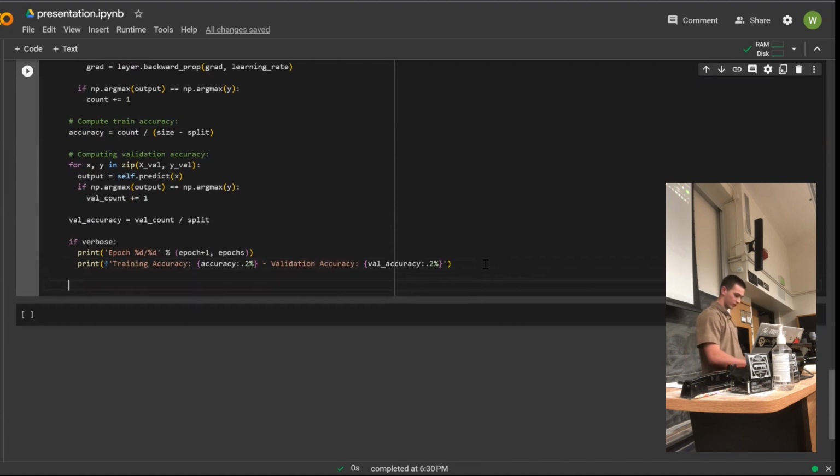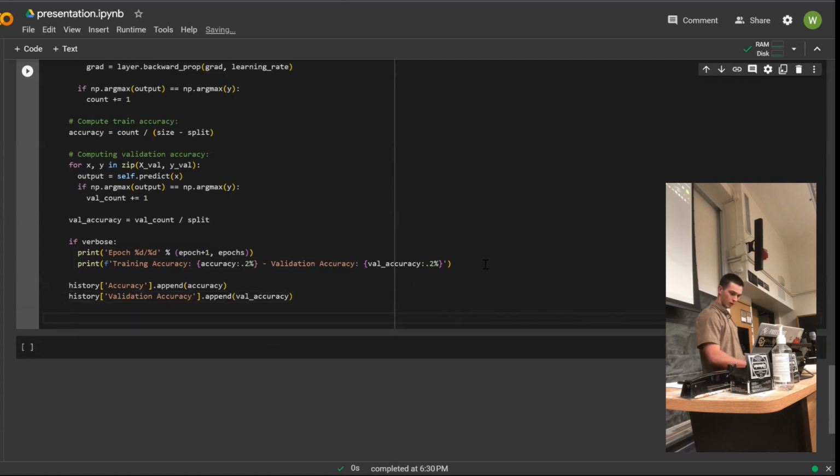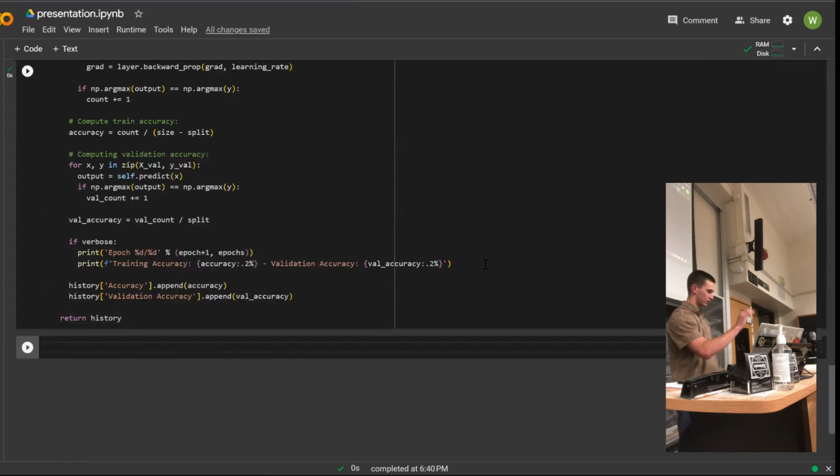And we're going to do one more thing in this function, and that's to store these accuracies in that dictionary that we defined so long ago. And we're just going to return our history.